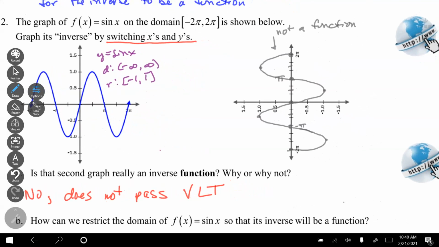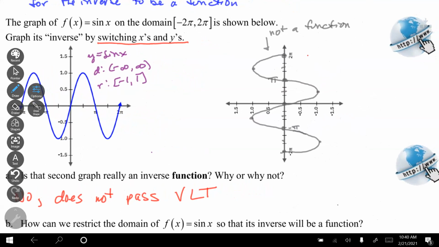So if I look at this graph, y equals the inverse sine of x, not only do x's and y's have to switch, domain and range have to switch. So my domain is -1 to 1, which is a good thing. But my range right now is all real numbers, negative infinity to infinity. That's not good. That's what makes it not a function.